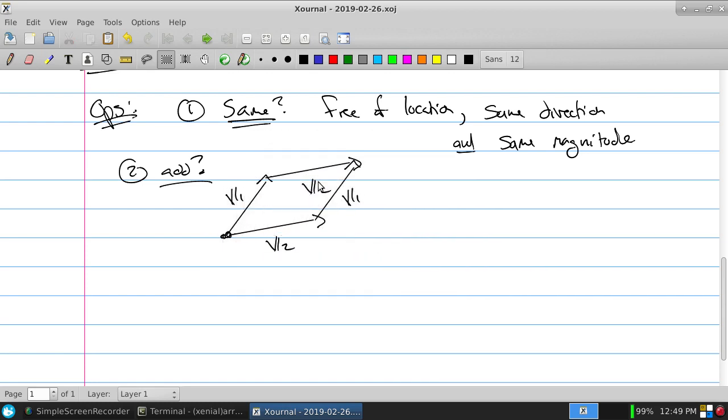So what's happening is that I get this vector here, which is vector 1 plus vector 2. Addition of vectors acts according to the parallelogram law.